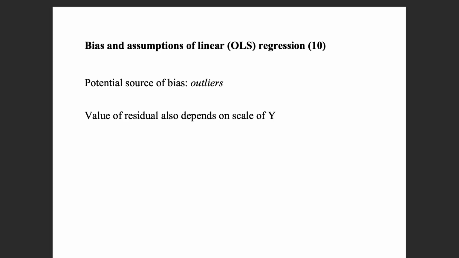So the value of the residual itself entirely depends on the scale of your dependent variable. That is difficult because, what constitutes a large outlier? When is the residual large enough to say, well, this might be an outlier? So we have an issue that the scale is completely arbitrary, depending on the scale of our dependent variable.